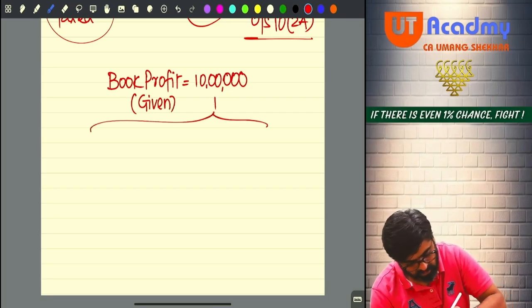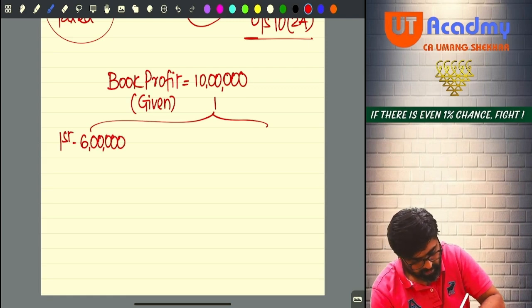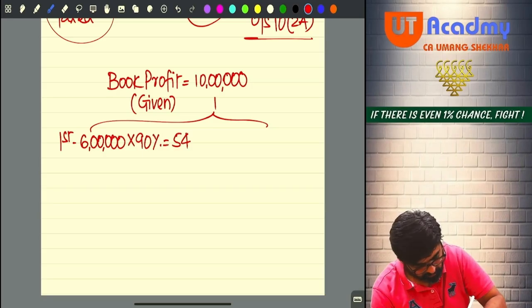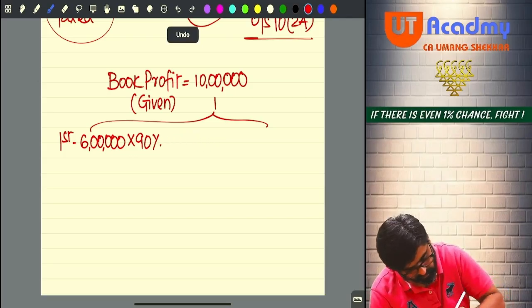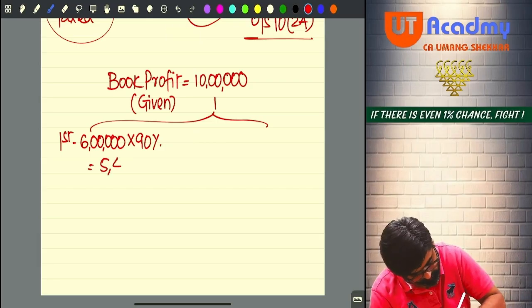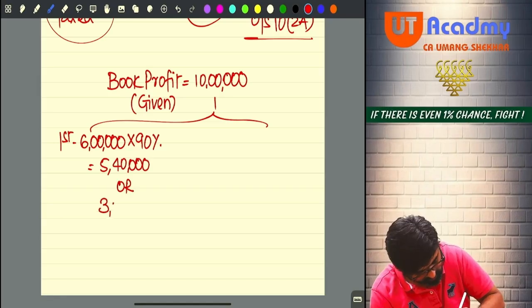Out of this 10 lakh, on the first 6 lakh rupees of book profit, I will calculate 90%, sir. That is 5,40,000, sir. Either this or 3 lakhs, whichever is higher.